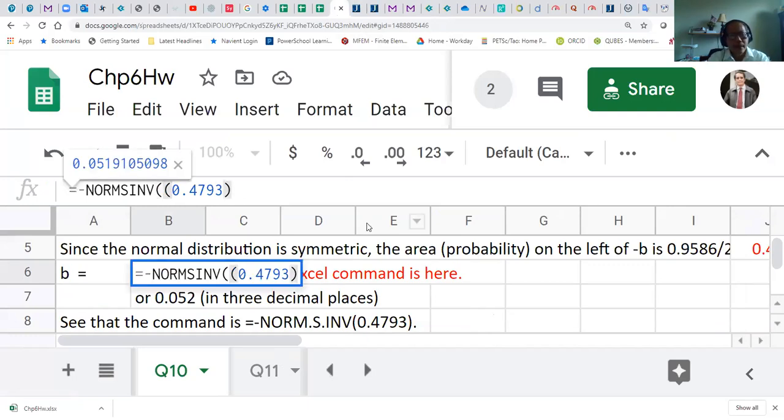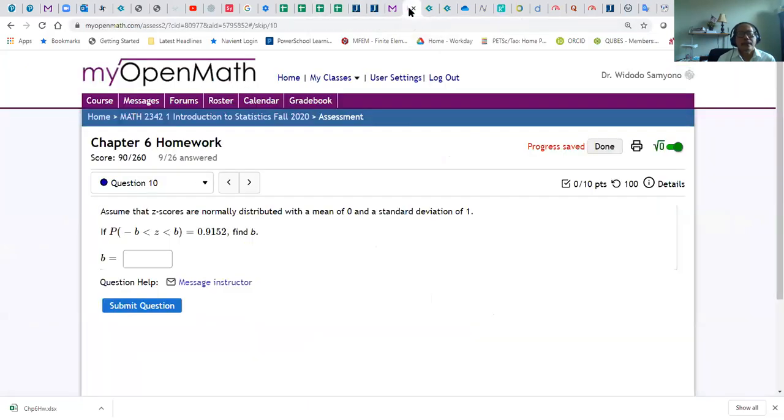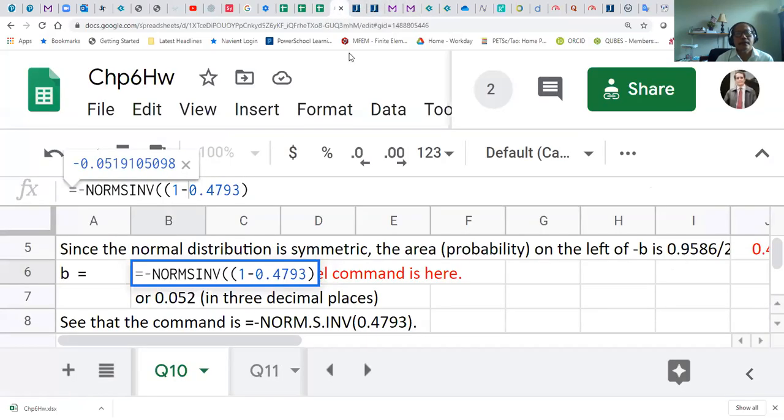So first you need to subtract from 1. You need to subtract 0.9152 from 1. Okay, so if you subtract the area in the middle from 1, you get the area on both sides, right?